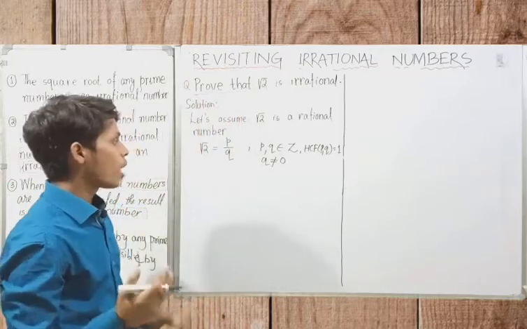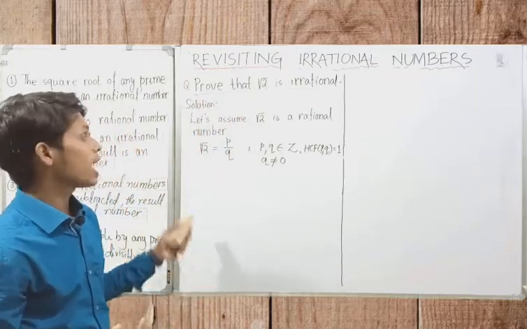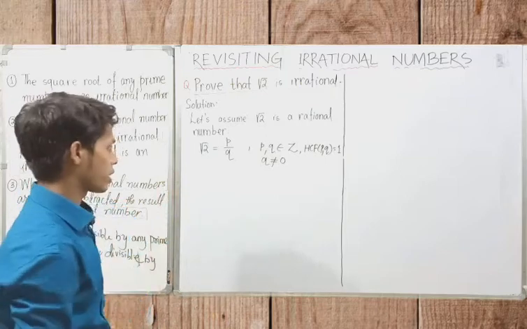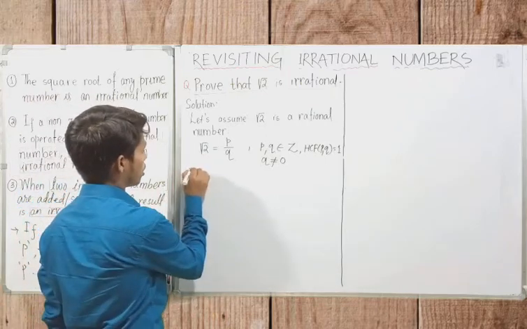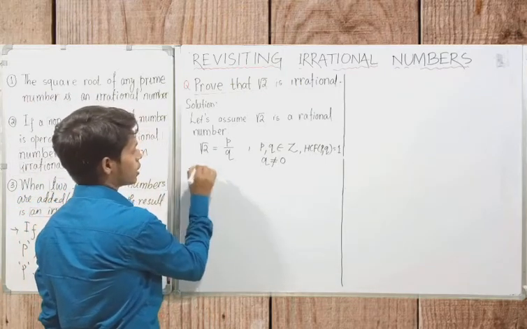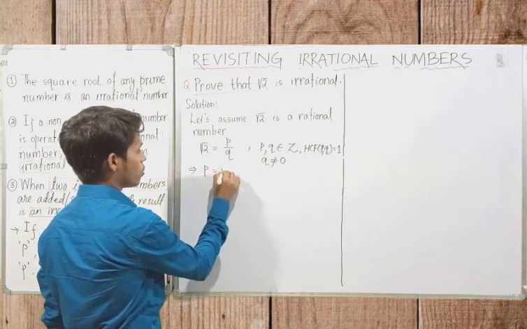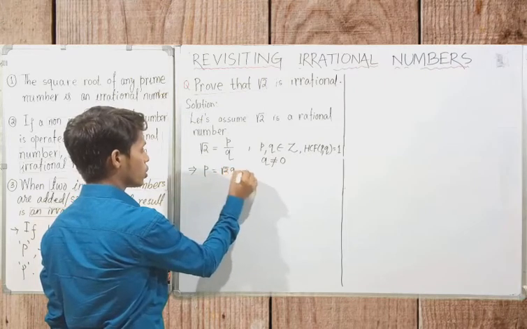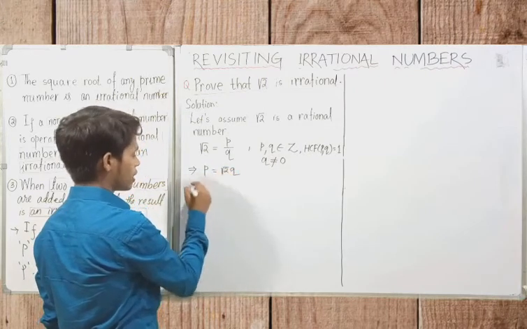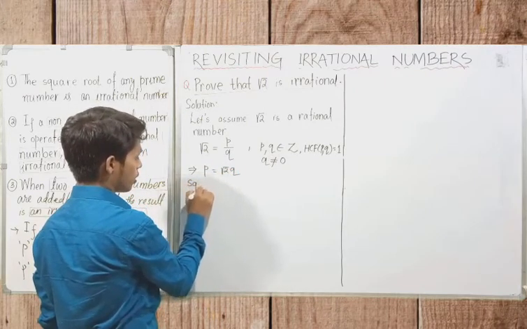So let's see what statement we are getting which can contradict the real fact. So here there is root 2, so let's cross multiply this, so we will get p is equal to root 2 q. Let's then square both sides, as there is a root 2.